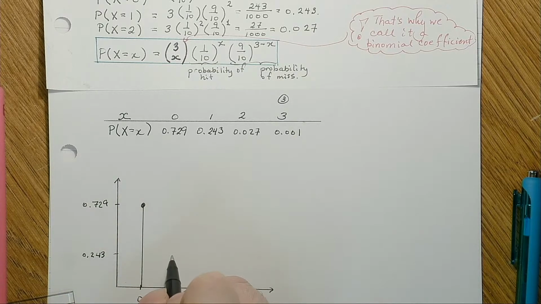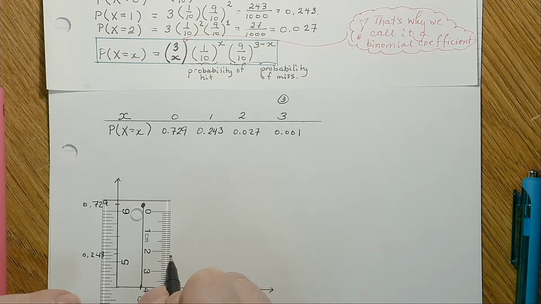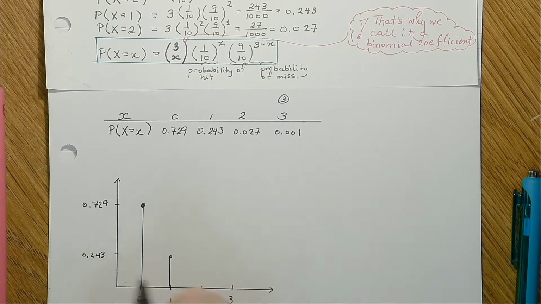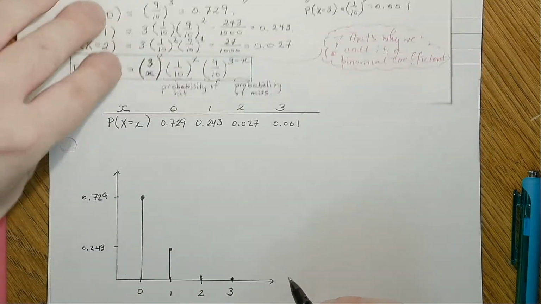This isn't very drawn to scale, but just a quick sketch. 2 would be quite low, same thing down here. So there is our sketch of the probability distribution.